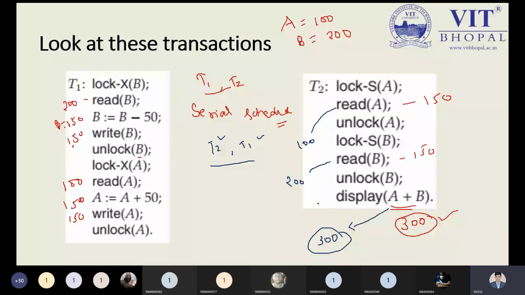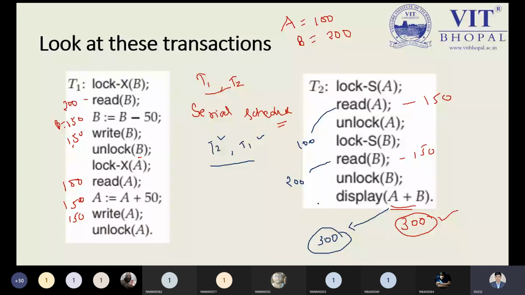But after displaying the total balance of A and B, we are getting 300, and if you then perform some operation, T1 and T2 will update some values of A and B, and then we are getting the total balance.